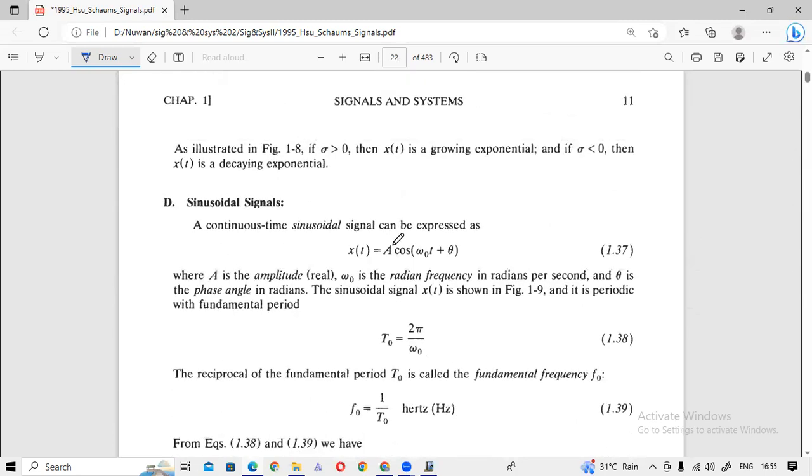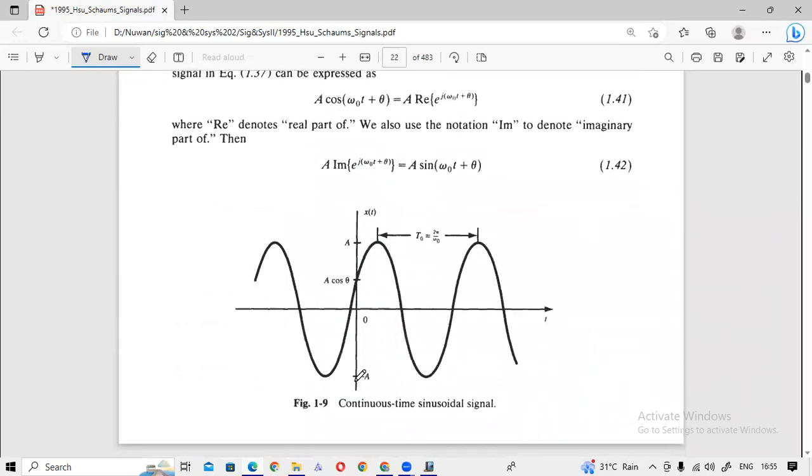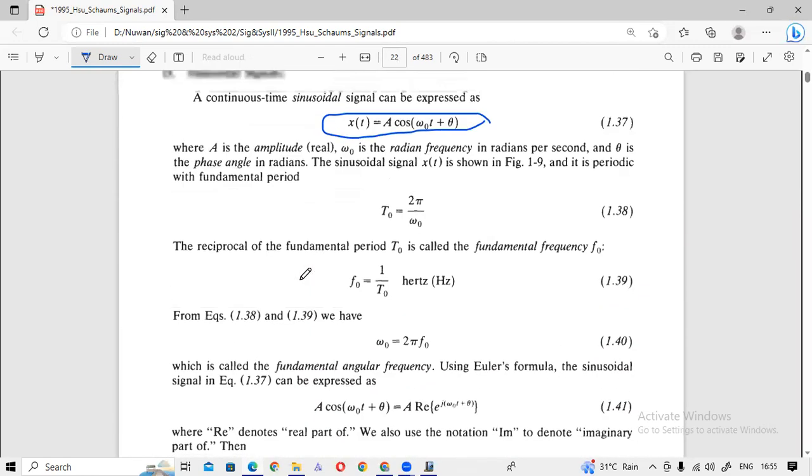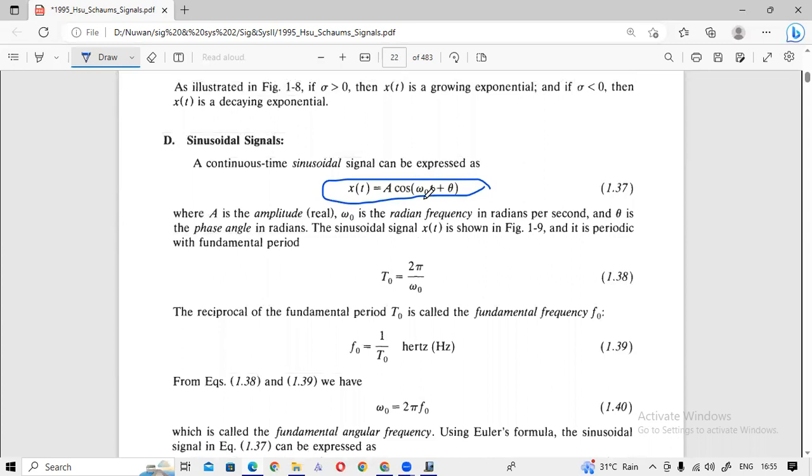And this is the sinusoidal signal. You can represent it like this. We have learned this one. This is sinusoidally changing. This omega naught is the angular frequency. I think you can remember it.